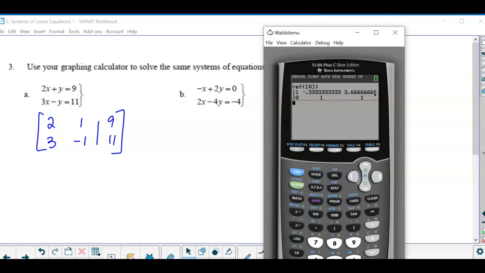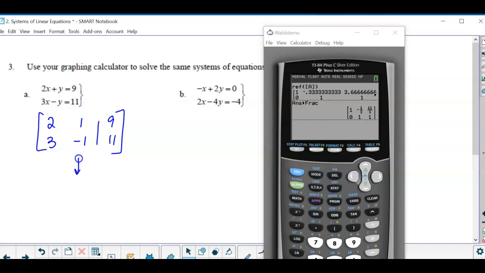If you want to convert it to fraction, what's the fast way? Oh yeah, sorry, math frac. So take that answer and it'll convert it to fraction form for you. Okay.